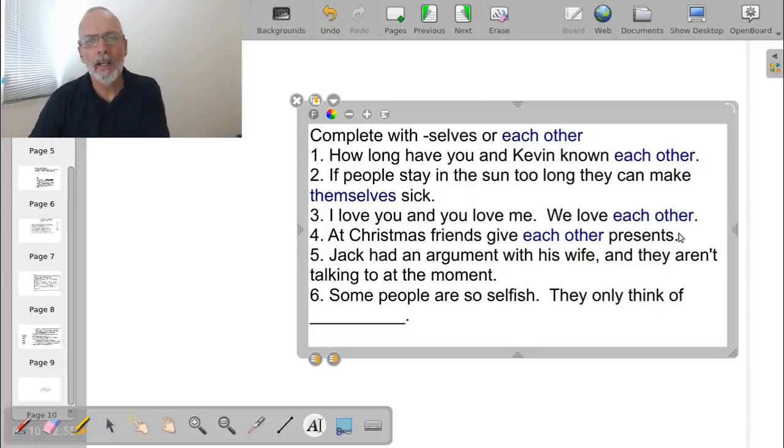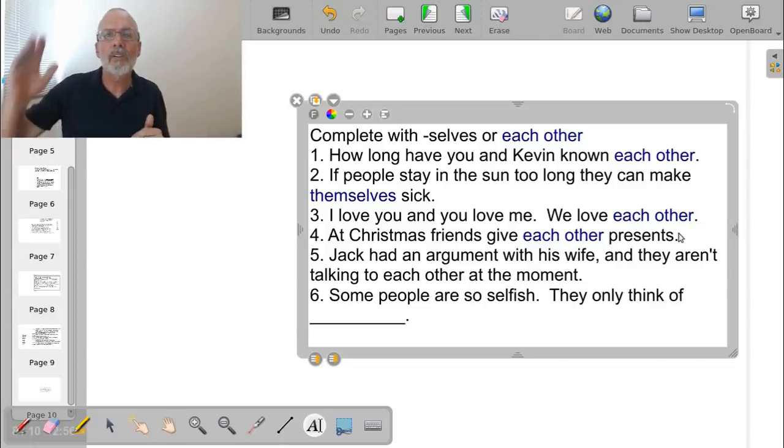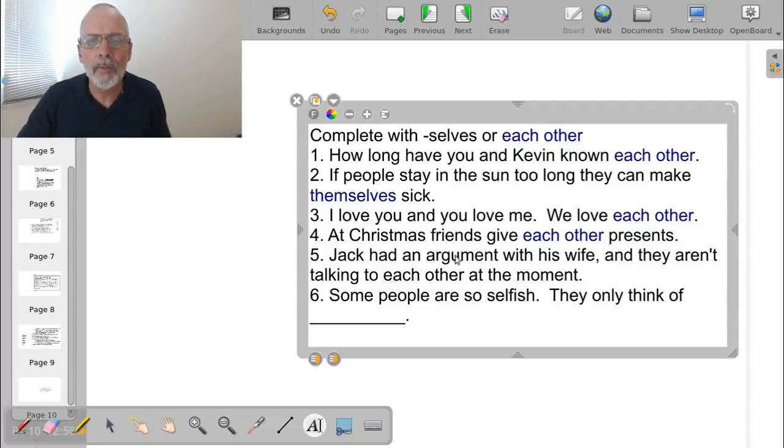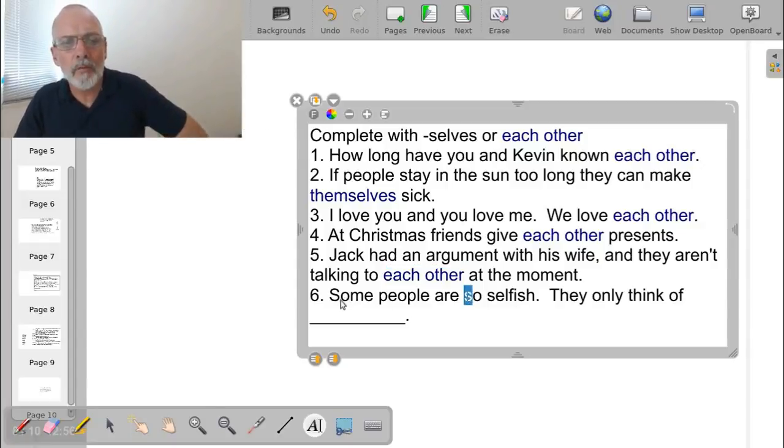So basically, I think I'll have to put each other. Number 5, each other. Yeah, Gloria and Mirna, they aren't talking to each other. Again, it's a reciprocal action. Jack isn't talking to his wife, and his wife isn't talking to him. So we need to use each other.